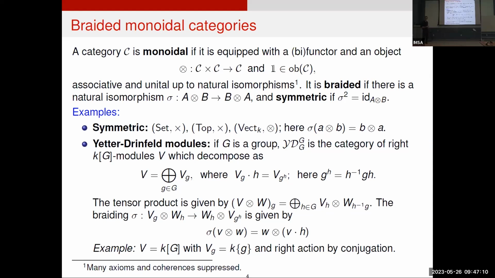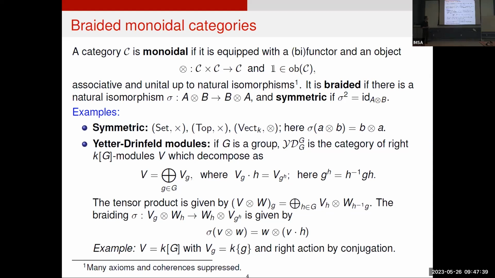They decompose as a direct sum indexed over the group, and the action and the grading interact in the following way. The action on a part in degree g by an element h lies in the part that's in degree g conjugated by h. That's the interaction between the right action and the decomposition.